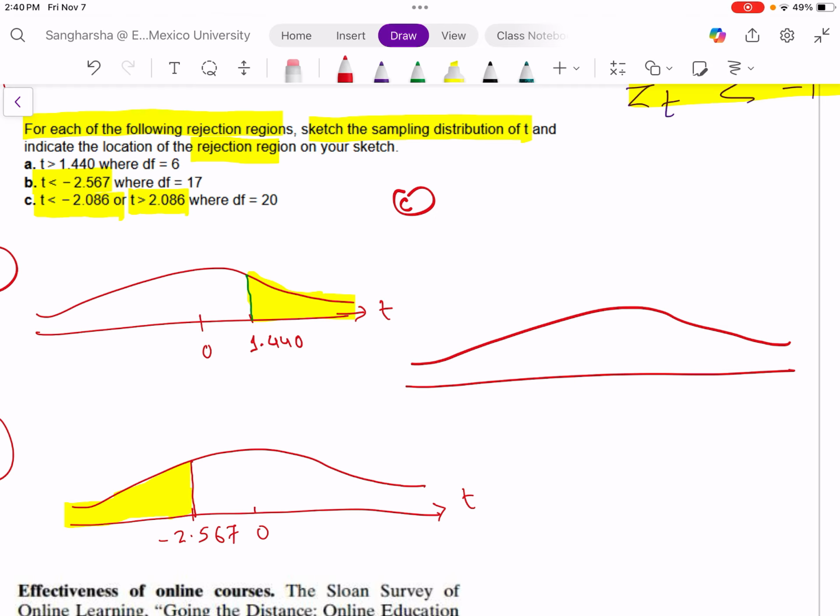So this is T, let's say this is our negative 2.086 and this is positive 2.086. So less than means everything on the left of negative 2.086, greater than means everything on the right. So if your T lies in this shaded region, then we reject our null hypothesis.